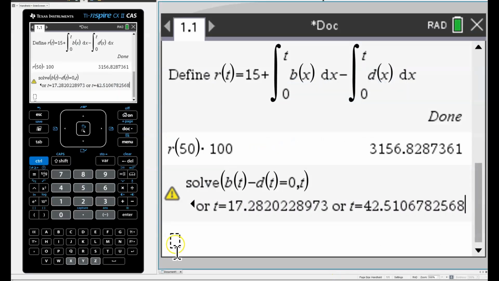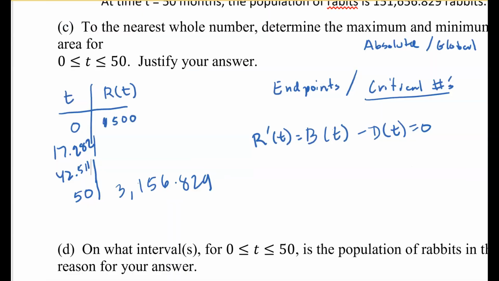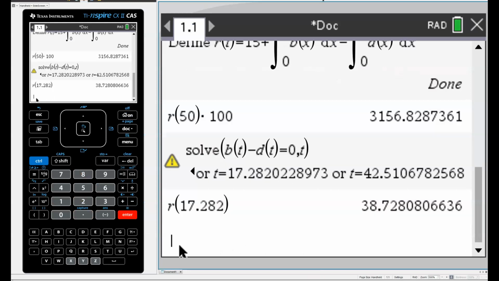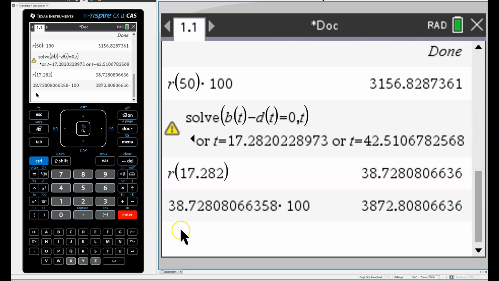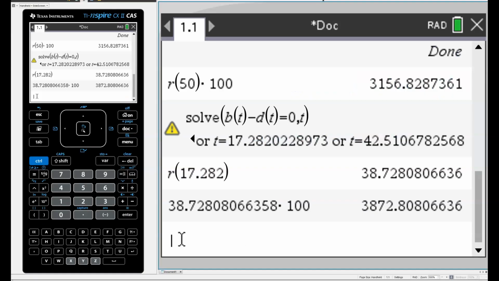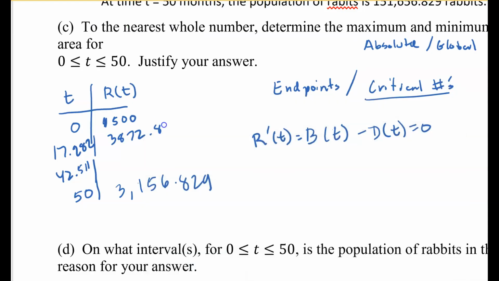Okay, so let's plug it back into my calculator. R of 17.282. Okay, so I go ahead and plug that in, and then I'm going to multiply that number by 100 times 100. And we get 3,872.808.